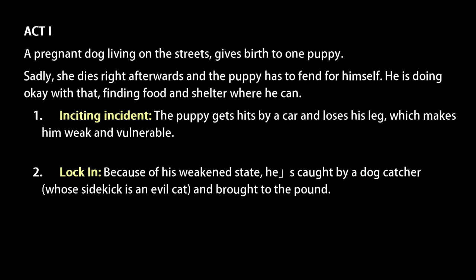What I'm showing you now on the screen is the script that I wrote for myself so that I could do the narration and not forget any of the parts that need to be included. So I start out talking about the Act 1, and then I go on to explain what the inciting incident is, and then the lock-in.